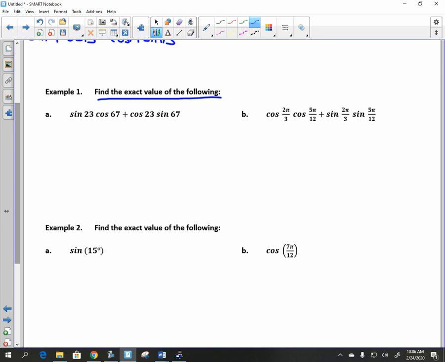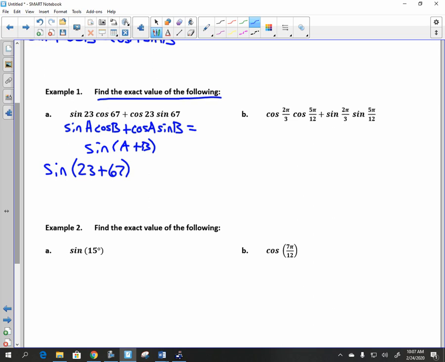But it does look like the formula I just wrote down, namely sine of A times the cosine of B plus the cosine of A times the sine of B. Does everybody agree that it has that form? And we said that that was equal to sine of what? A plus B. So I recognize that it has that form. So all I need to do is sine of, what is angle A? 23 plus angle B, 67. And what is 23 plus 67?